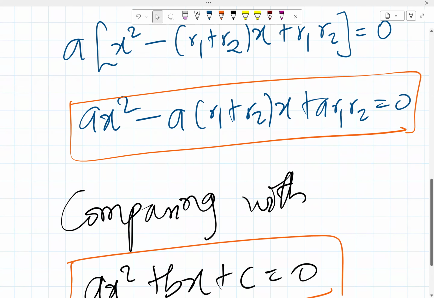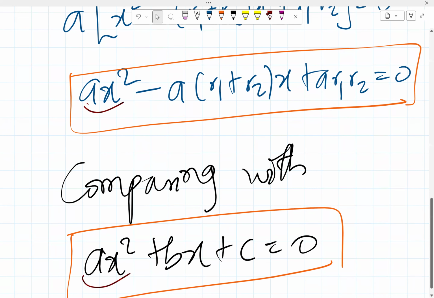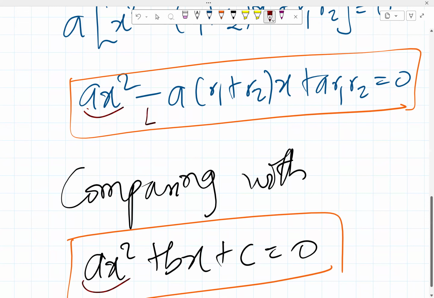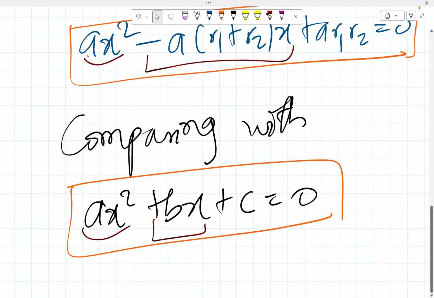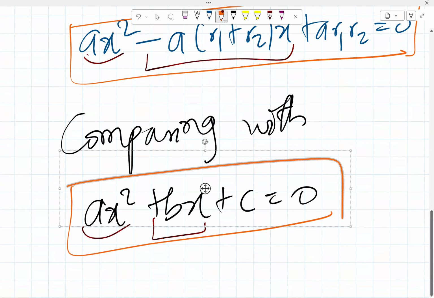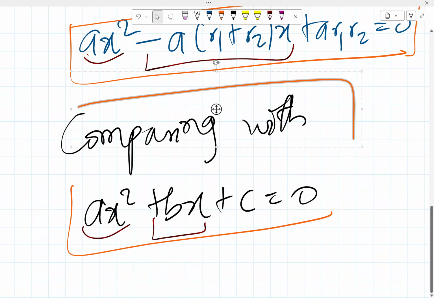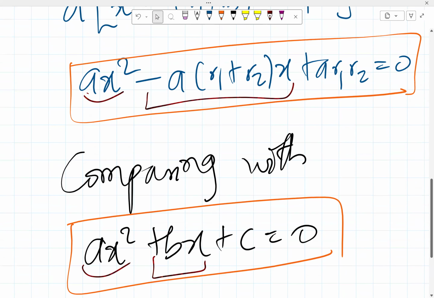So what does that simply tell us? You see that we have ax squared, we have ax squared. So then we can compare the terms with x. Comparing the two now, ax squared cancels out ax squared.